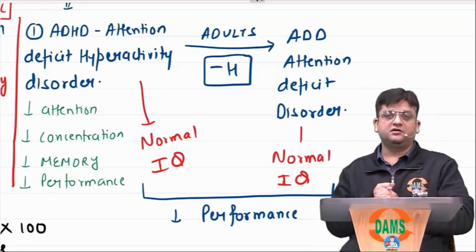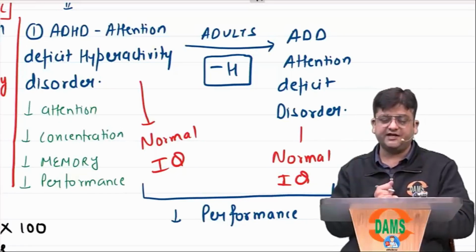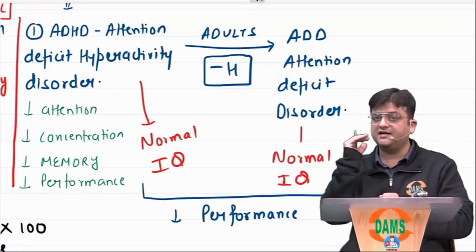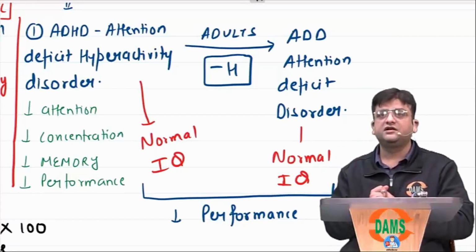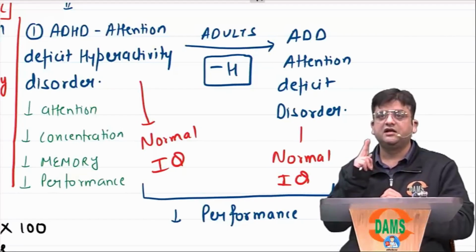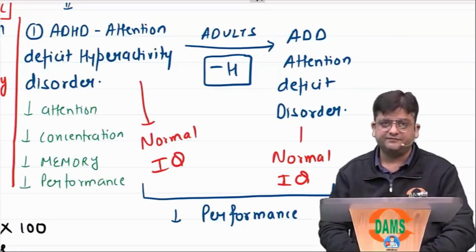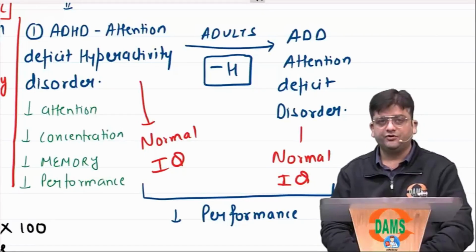Please remember, if you are also not able to focus, if you are also not able to concentrate, it is possible that you may be suffering from ADD, not ADHD. ADD, attention deficit disorder. Do you get it?